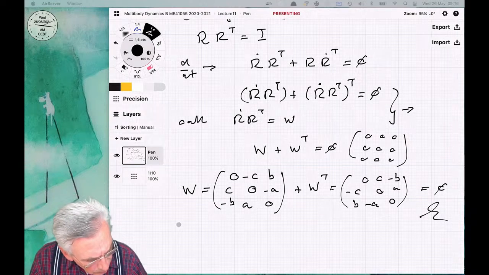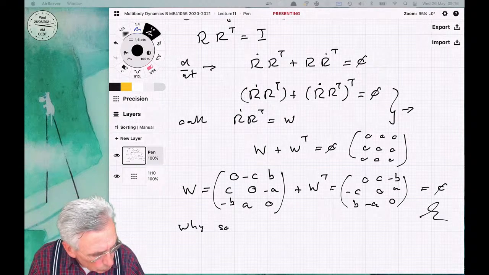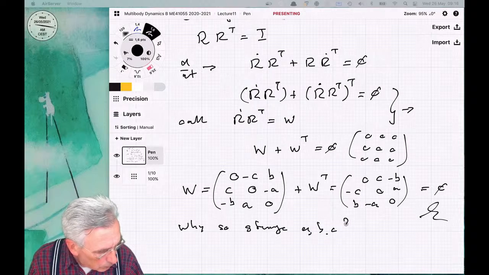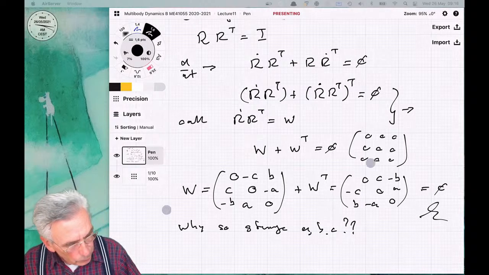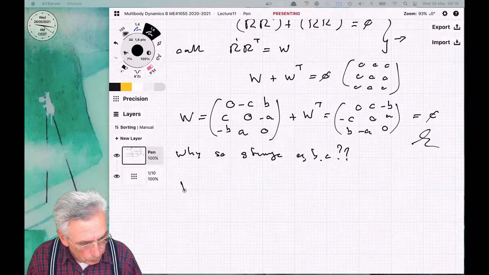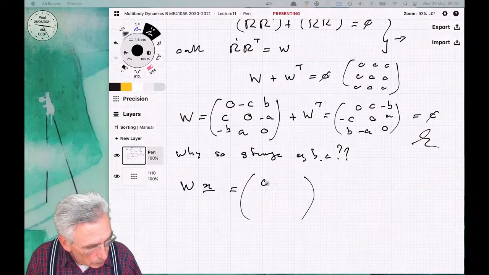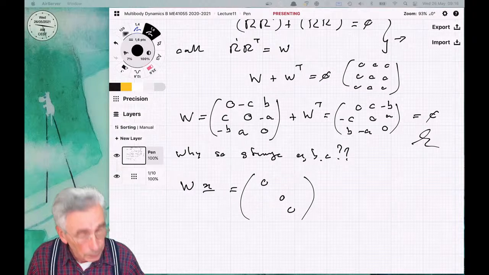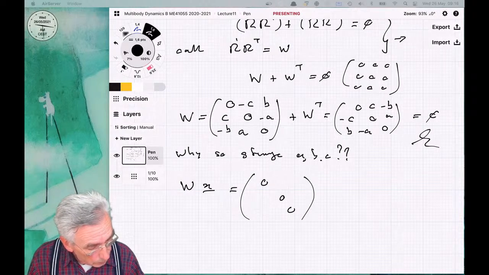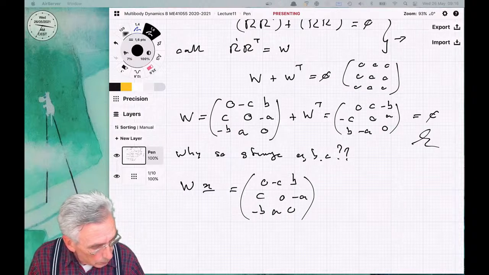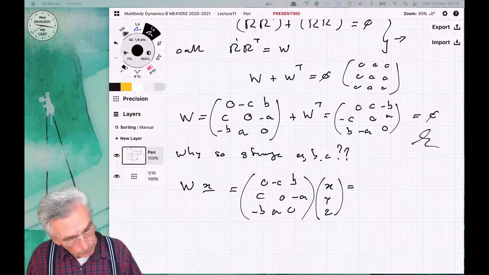Now why so strange with the A, B, C, right? Well, actually, if we now take this matrix W and we multiply it with a vector, so we do this 0, 0, 0, right? And then we get A, B, C, and here minus A, here minus B, and here the minus C, and then a vector X, Y, Z. What is the answer?